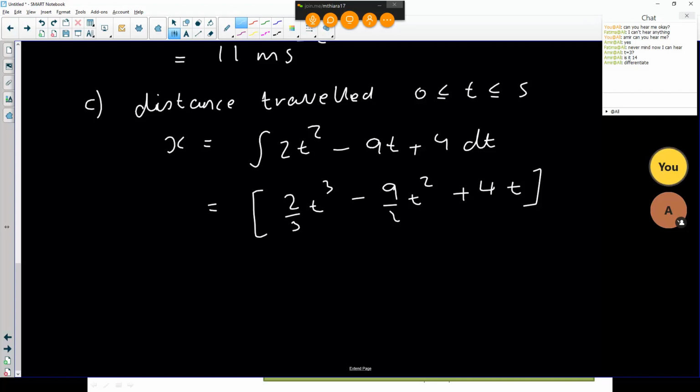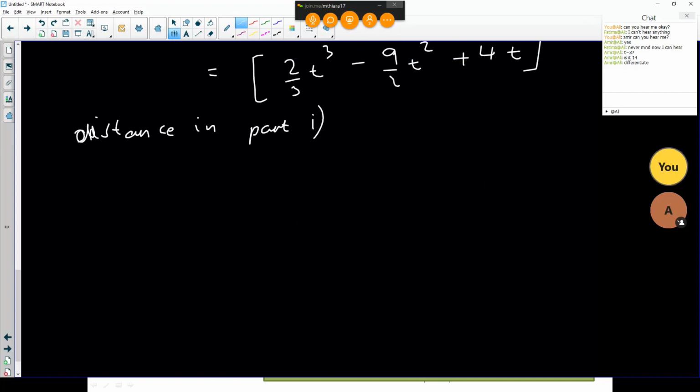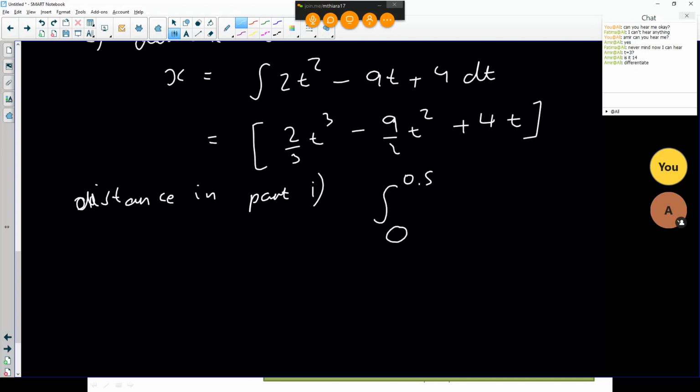So distance travelled in part 1, from the graph, would have been the integral from 0 to 0.5, because the first point where the graph crossed the x-axis was at 0.5, and it started at the origin of 0, of v dt.